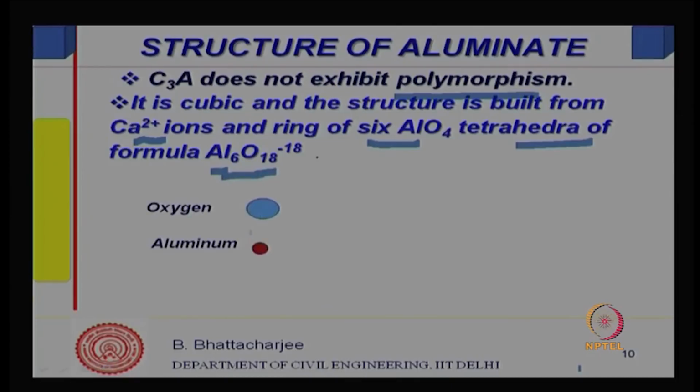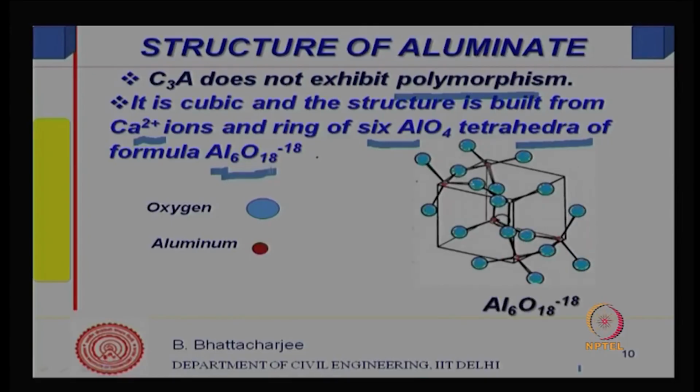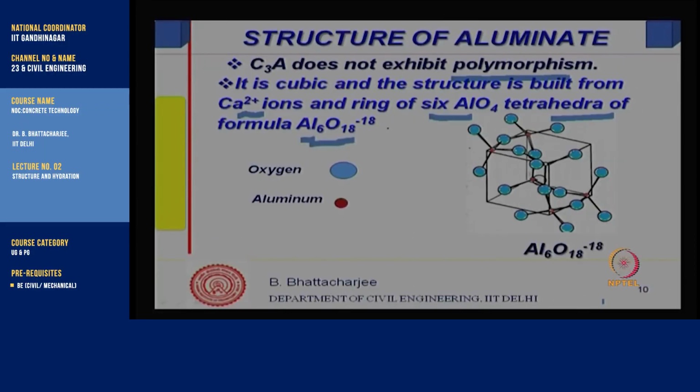If this is oxygen and aluminum, the Al6O18 ring is something like this. The oxygen is here connected to aluminum. So, 1, 2, 3, 4, 5, 6 of them should be there. So, 6 Al with O18 are connected in this manner, forming Al6O18. Structure is something like this.